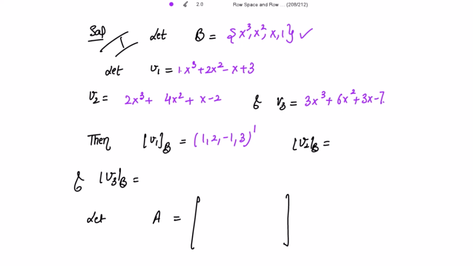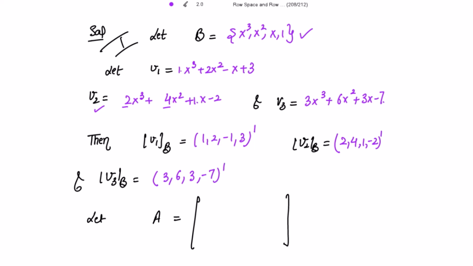The coordinate vector of polynomial V2 relative to the basis B is 2, 4, 1 and -2, transposed, and then the coordinate vector of V3 relative to the basis B is 3, 6, 3 and -7, transposed.